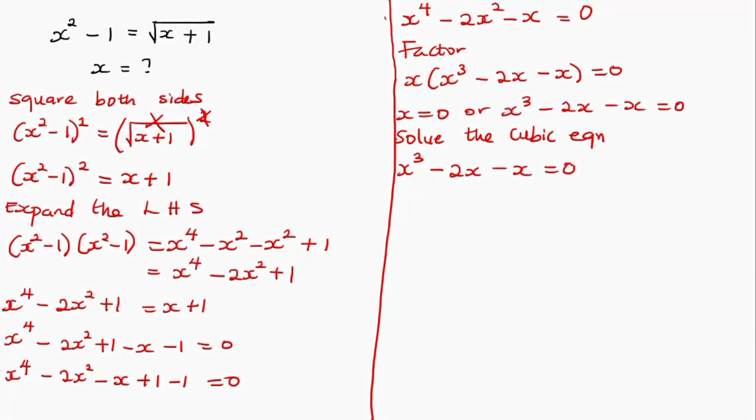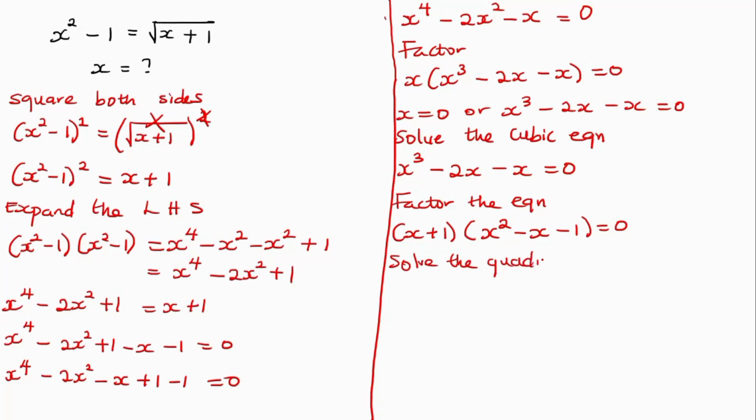So guys, how do we actually solve this cubic equation? All we want to do is to simply factor out the equation. So factoring the equation, we have x plus 1 times x squared minus x minus 1 is equal to 0.